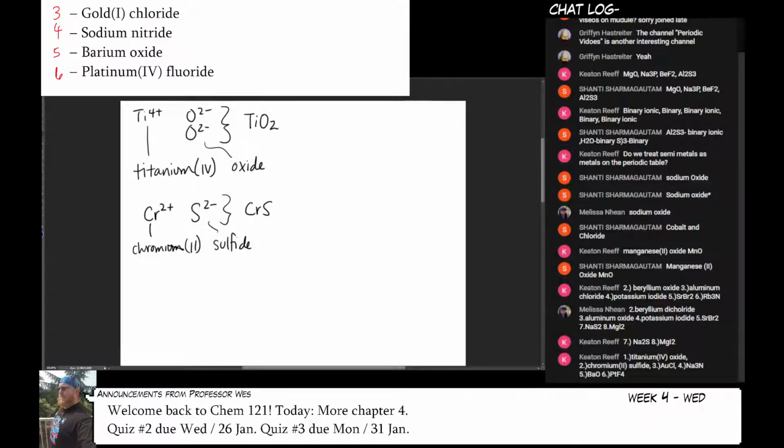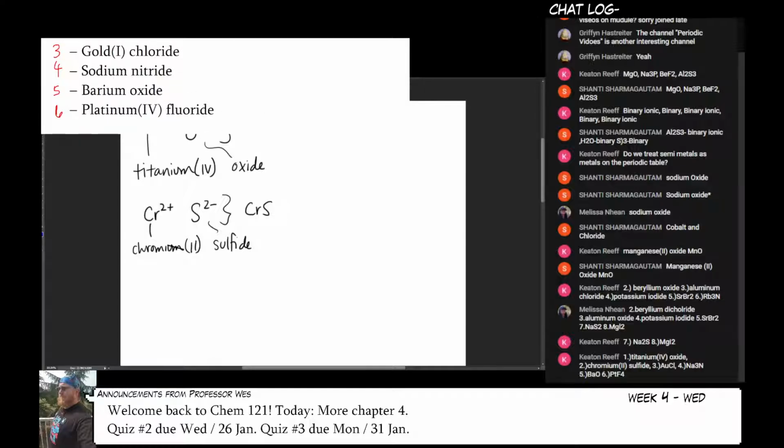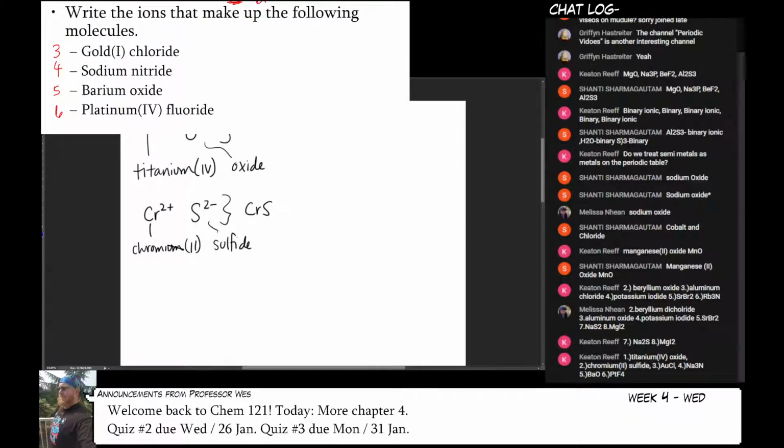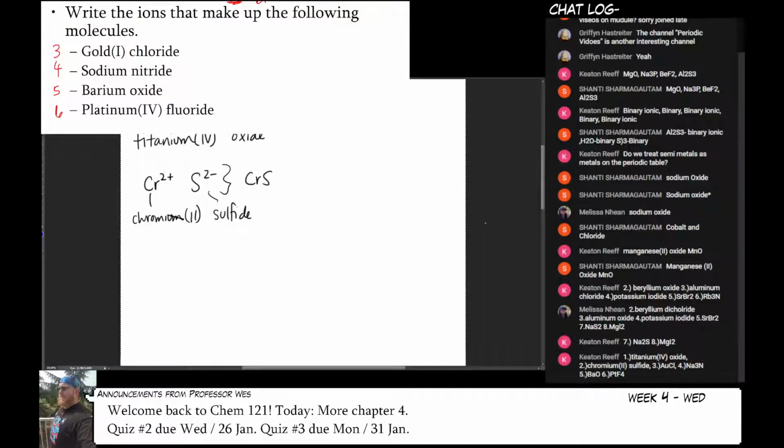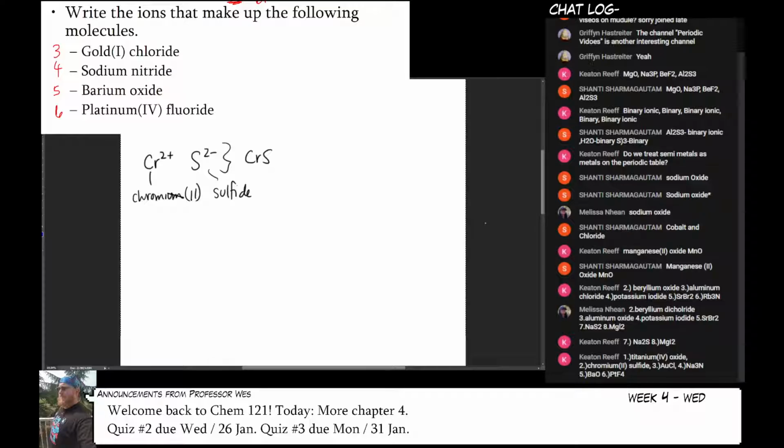All right, and then the last one just says, I believe, break these into the ions. So you don't have to make a formula out of them. I'm going to do that just for practice, just so you can see that. So gold 1 chloride, we'll just draw a line. So gold 1 is this.